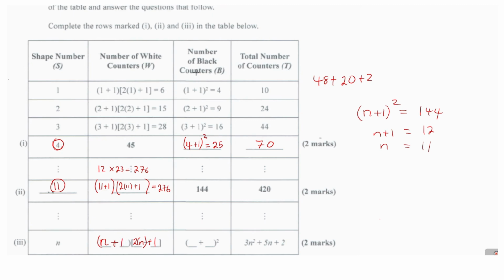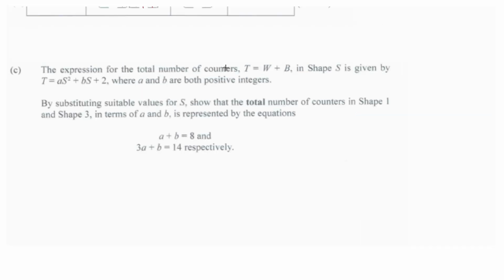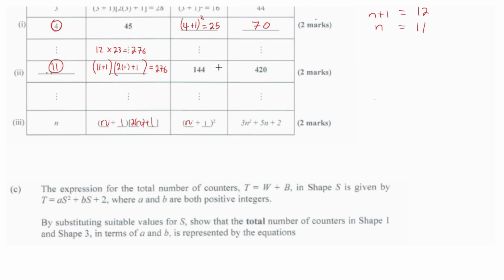Now for the black counters, we can see by studying the pattern here that this is n add 1 all squared. So all we need to write in here is n plus 1 all squared. We now come to part C of the question.